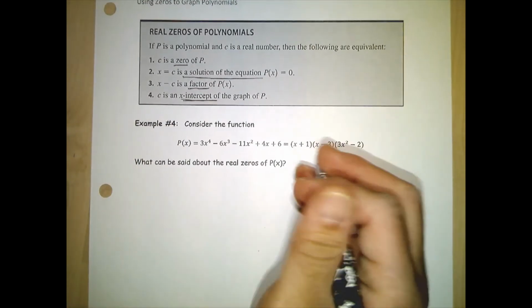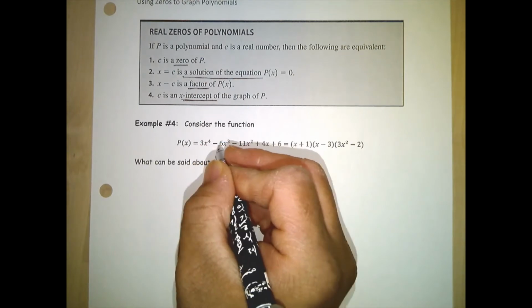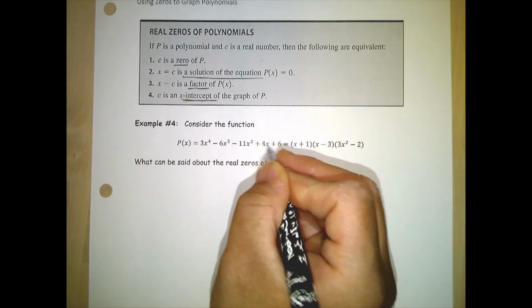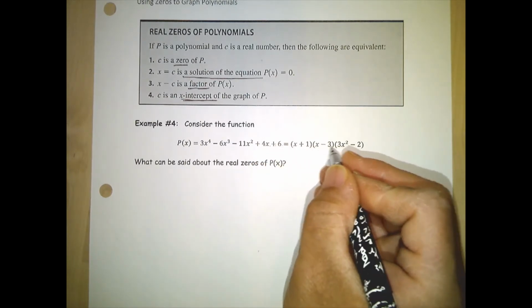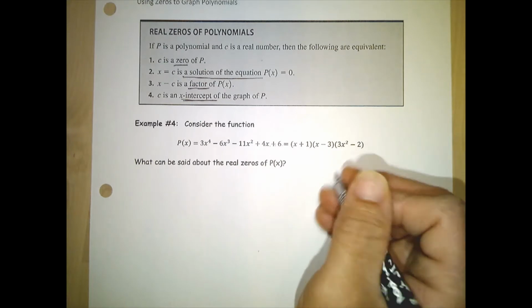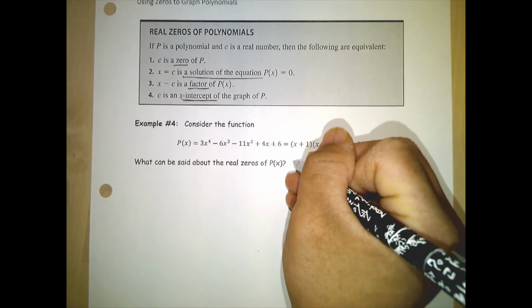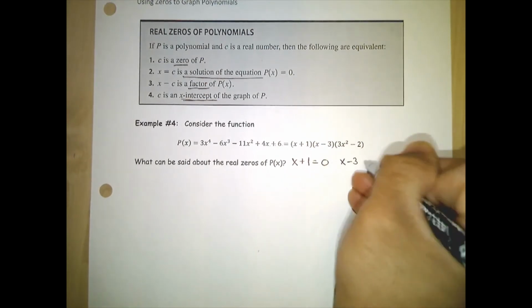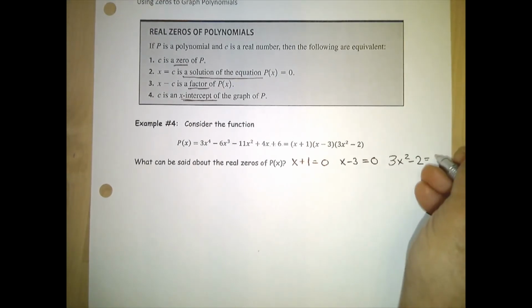So consider this function. P of x is 3x to the 4th minus 6x to the 3rd minus 11x squared plus 4x plus 6 equals (x plus 1)(x minus 3)(3x squared minus 2). What can be said about the real zeros of P of x? Well, if I set each of these factors equal to 0, I can find the real zeros of P of x.